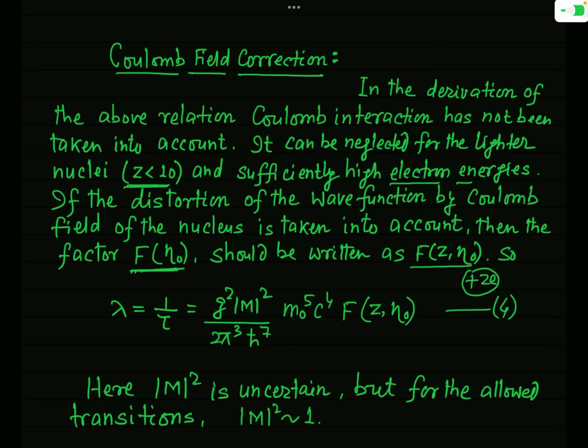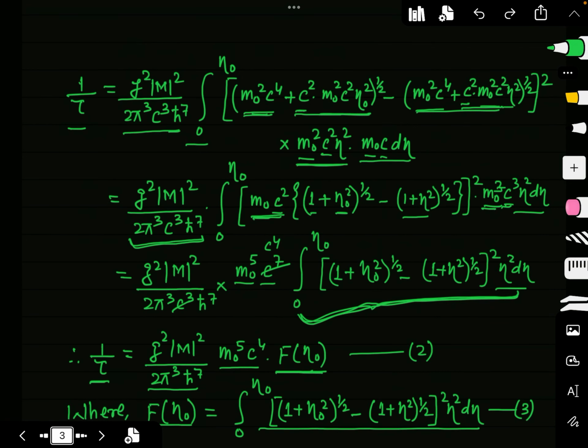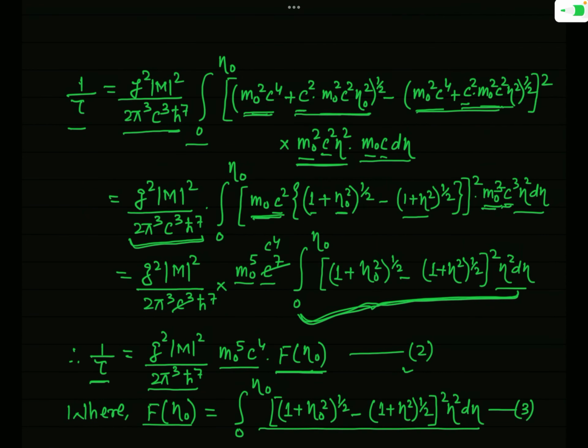So without making any extra calculation, you can use the same result which we obtained here in equation 2, but we simply replace this f of eta naught by f of Z, eta naught.